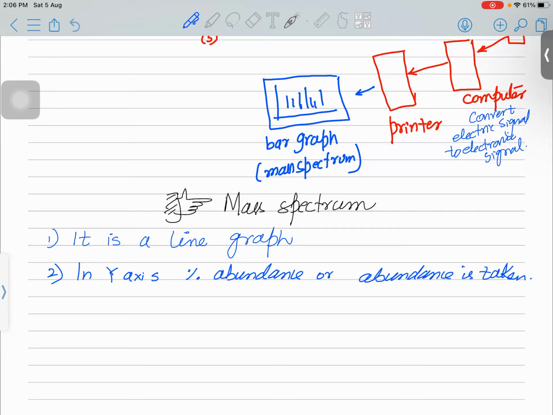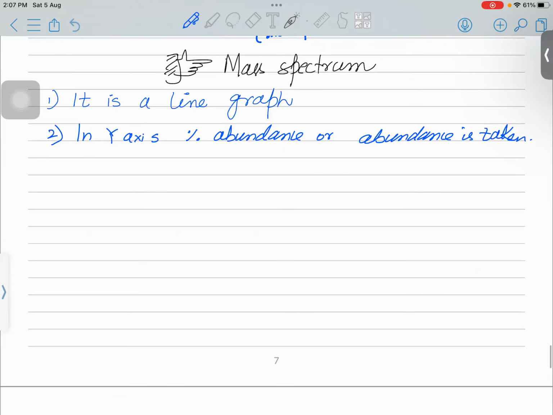Abundance means the possibility of the ion. For example, you have two ions, CH3 positive and C2H5 positive. The possibility to find CH3 positive is more, so the percentage abundance of CH3 is more. Abundance means occurrence.